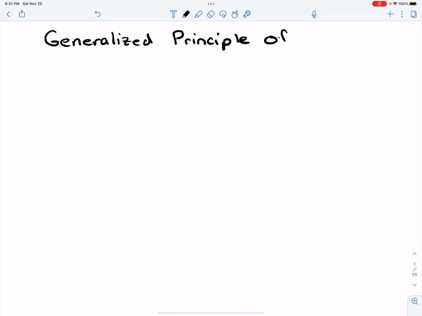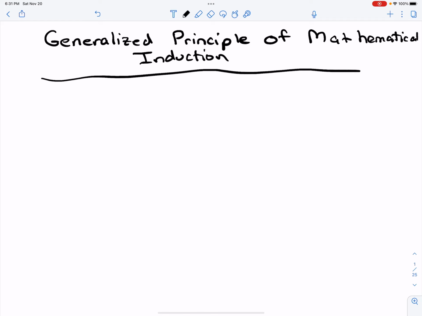So let's just do the generalized principle of mathematical induction. Okay, so let S sub n be a statement. We're used to seeing that concerning the positive integer n.